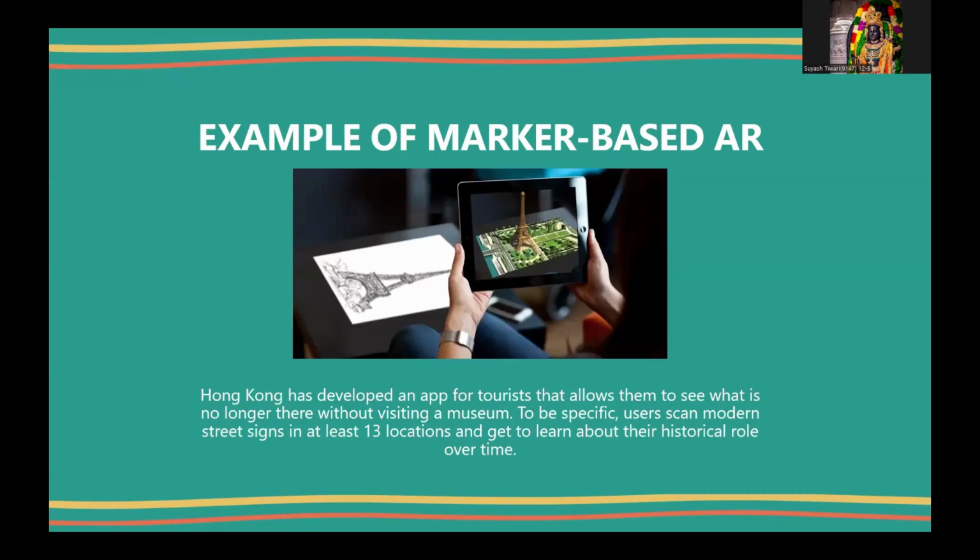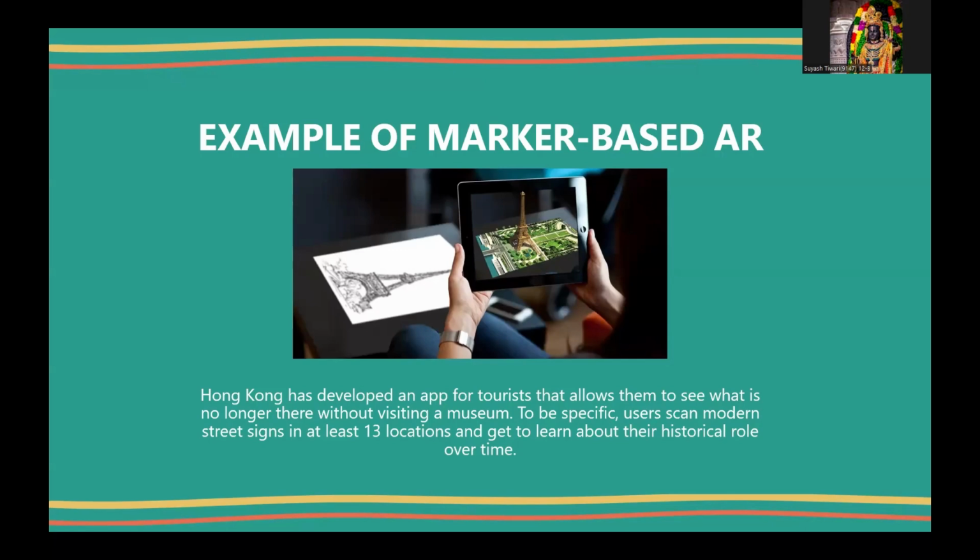The first one was marker-based AR. So what exactly does marker-based AR mean? Well, marker-based AR is a technology where a person can scan a particular image of a monument, object, or item, whatever the thing may be, and a 3D model or avatar of that particular object will be created.